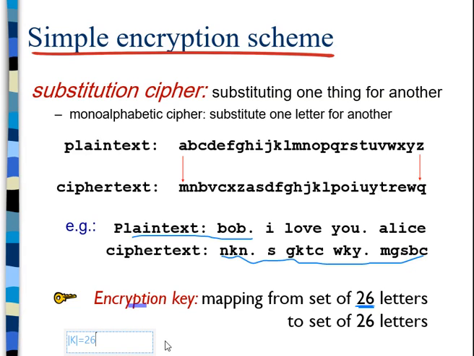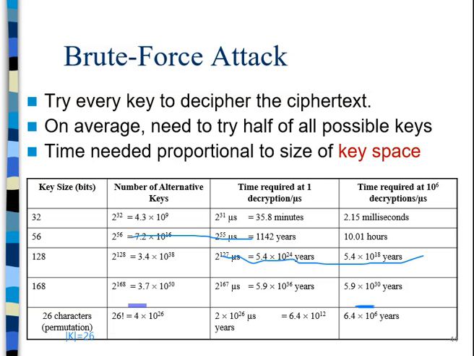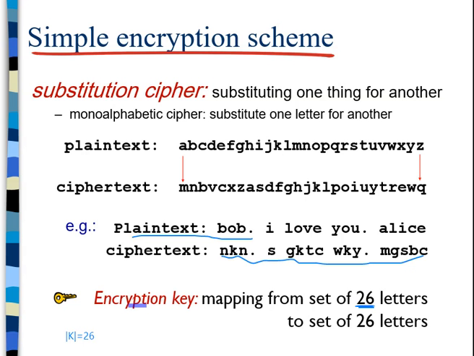Hence, there are 26 factorial, which is equal to 2 power 116, which is quite small and can be calculated easily. Hence, this method is not secure.